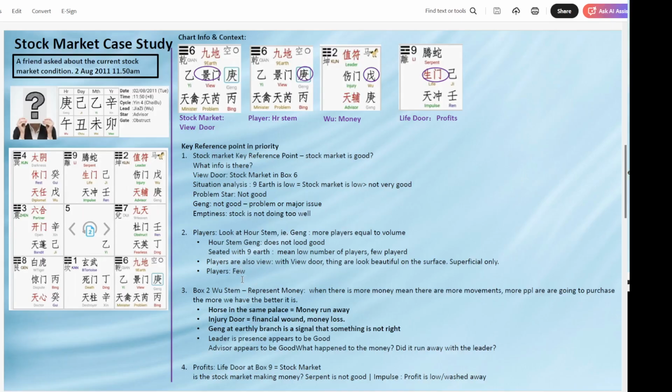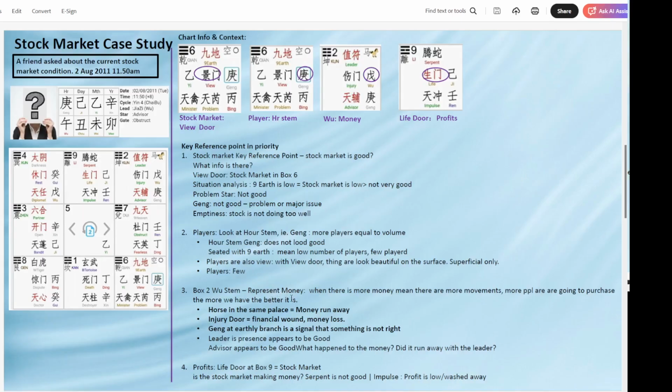Now besides this reference point, when we are analyzing a stock market, we need to look at where the money is. The money is represented by Wu. In a stock market, if there's a lot of money, that means a lot of movement, a lot of people are going to do the trading, they are going to buy.